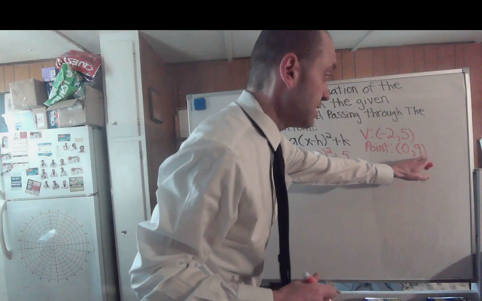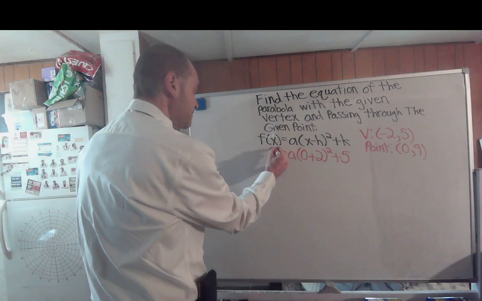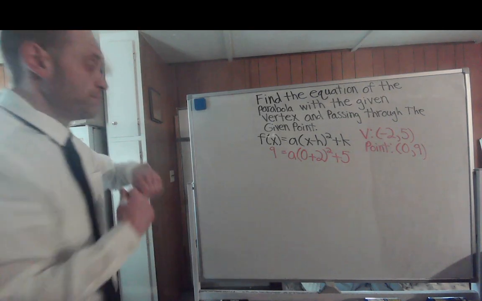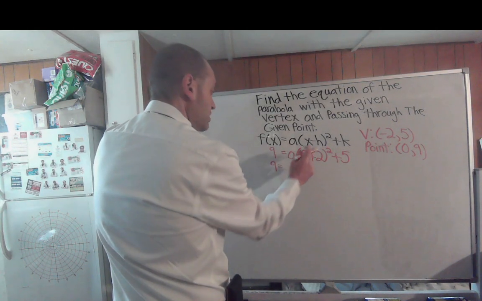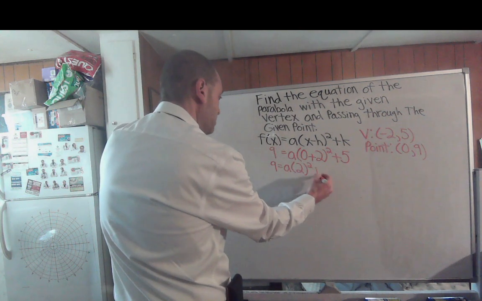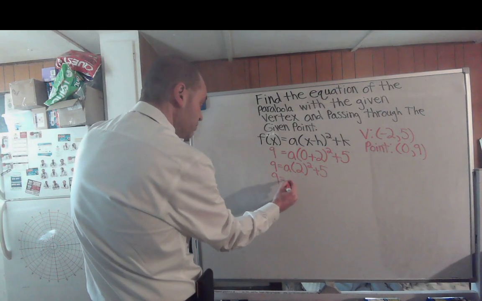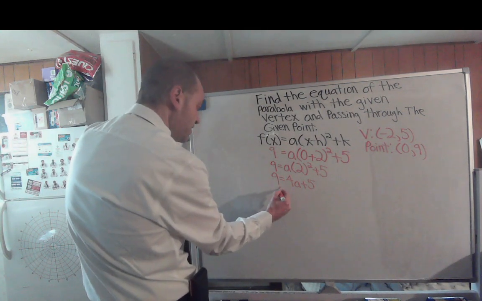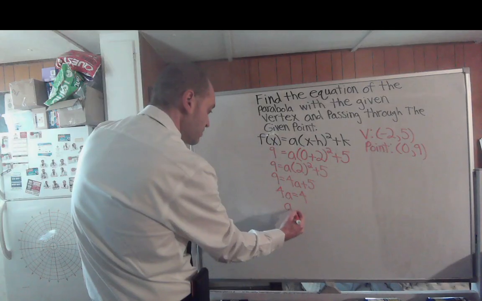Now the point has a y-coordinate of 9, so you'll substitute in 9 for that f of x, and your goal really is to solve for that a. So you're going to end up getting 9 equals a times 2 squared plus 5, which would mean then that 9 equals 4a plus 5. So then 4a equals 4, which would just give you a equals 1.